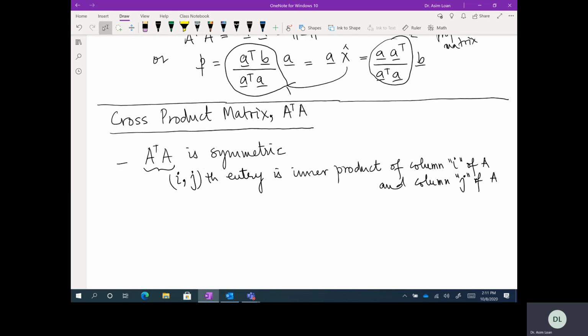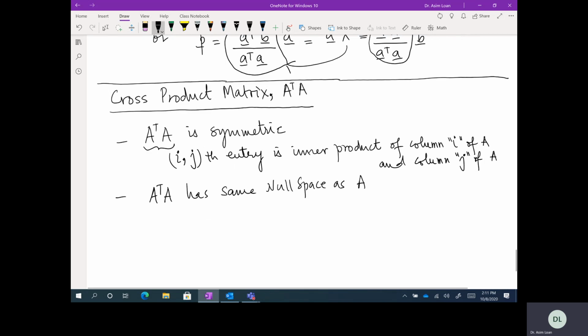A transpose A has the same null space as A.